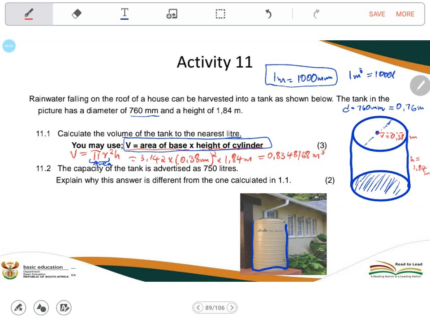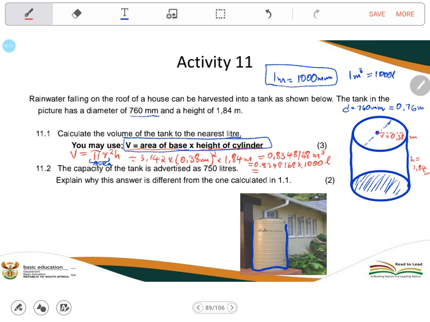Right, so that's it here, and now we need to convert this into liters. Remember, 1 cubic meter is equal to 1,000 liters. So what we need to do is take 0.83488168 multiplied by 1,000 liters.